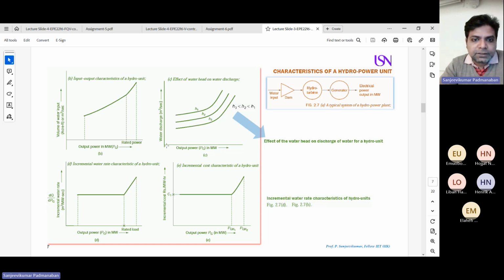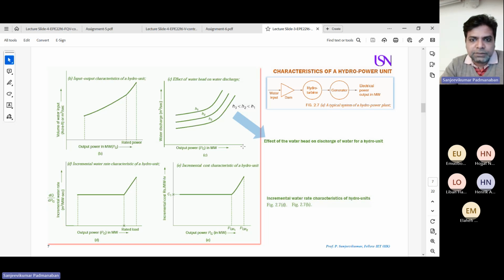If you look at the characteristics, as the output power increases, we are looking at the water discharge in meter cube per second. For example, in case of H1, for a particular value, say around here, you need to have a bigger head, whereas for H3 it is very small, but you get the same power.